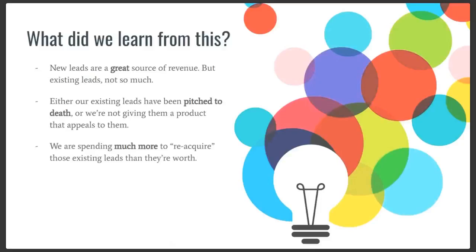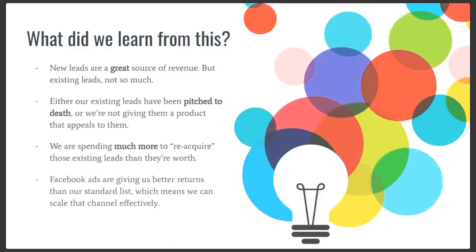So we're spending that same, I believe it was $3 to acquire each of them, and that makes us lose money on any of the existing customers that are coming in from Facebook, right? Facebook ads are giving us better returns than our standard list, which means we can scale that channel effectively, right? So this is the fourth thing that we learned here. So just from looking at this simple cohort with this simple calculation, we've learned 4 very important things that are going to inform how we do our marketing going forward.